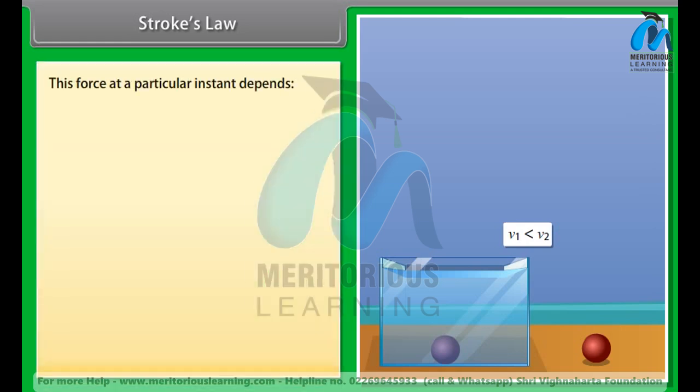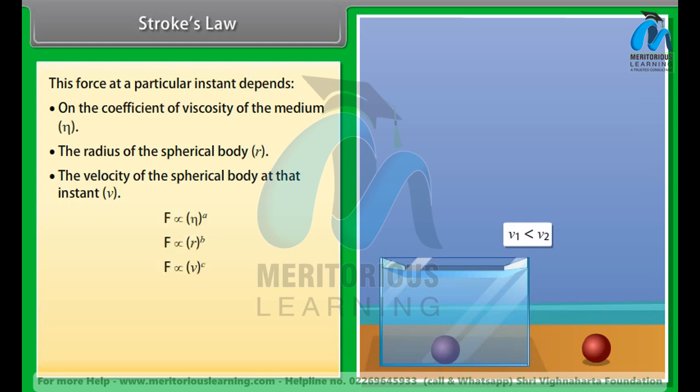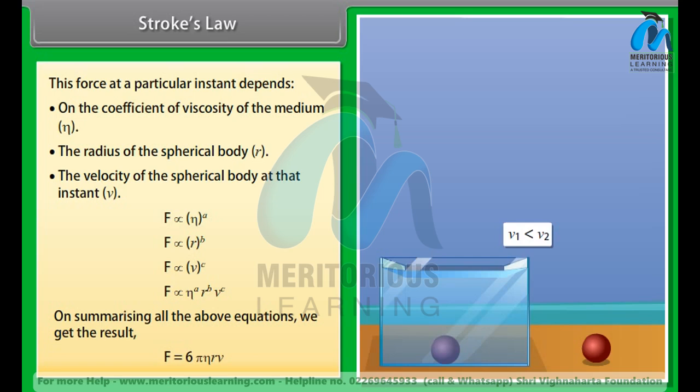This force at a particular instant depends on the coefficient of viscosity of the medium, the radius of the spherical body, and the velocity of the spherical body at that instant. Force is directly proportional to eta, radius and velocity. Summarizing all the above, we get the result F = 6π η r v.